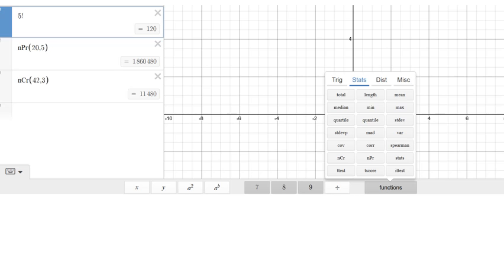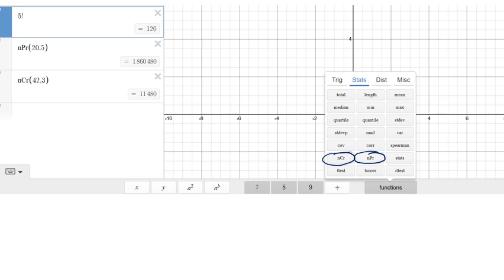So first of all, Desmos does factorials. If I want to do 5 factorial, I just type in 5 exclamation point, and that'll give me the factorial. If I want to do permutations and combinations, these are the previous 2 problems I just did. I'm going to hit functions, statistics, and here are combinations and permutations. So that's where you find them.